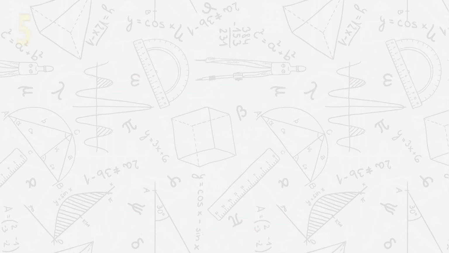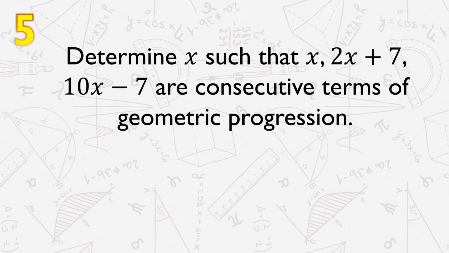Last question for this round. Determine x such that x, 2x plus 7, and 10x minus 7 are consecutive terms of a geometric progression. Again, determine x such that x, 2x plus 7, and 10x minus 7 are consecutive terms of a geometric progression.